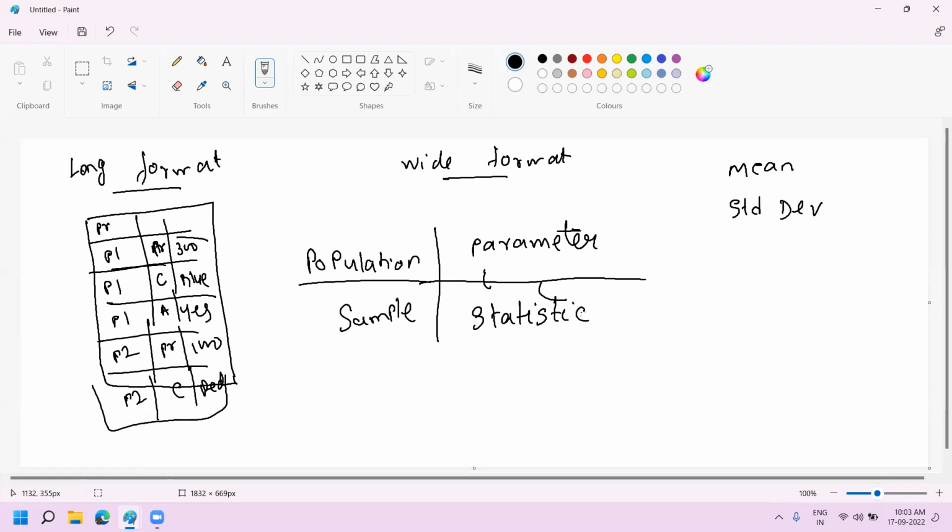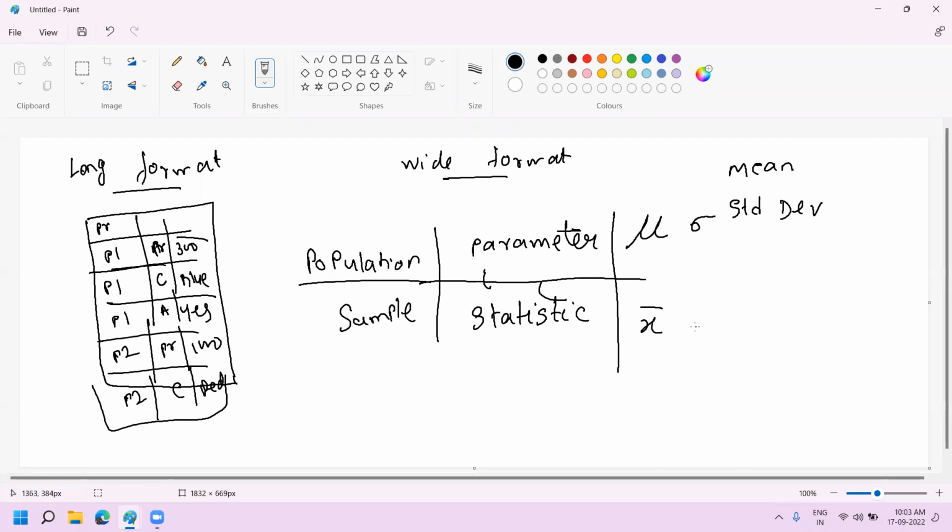So how do you represent a population parameter mean? What is the symbol for that? For population, mu. And for sample, x bar. What is the symbol for standard deviation? Sigma.